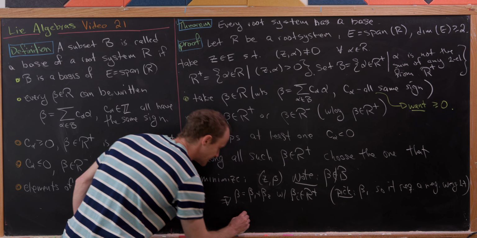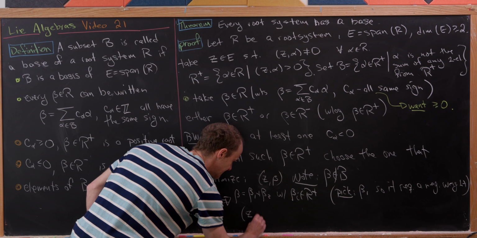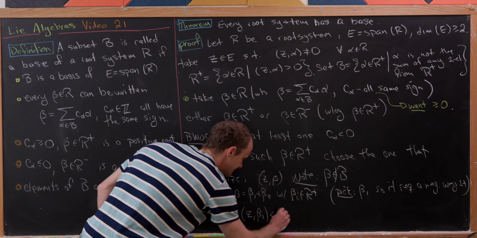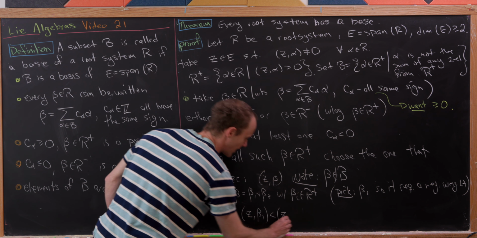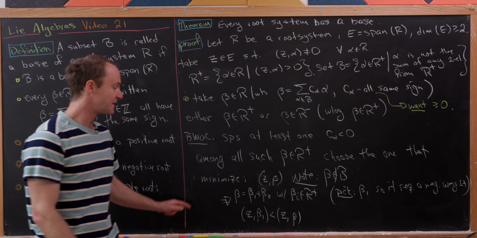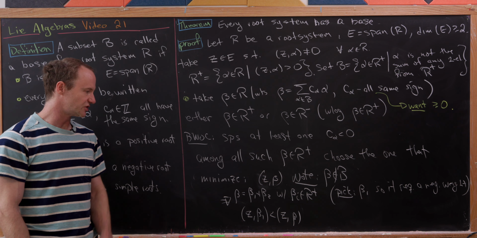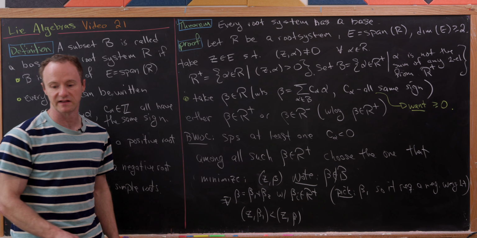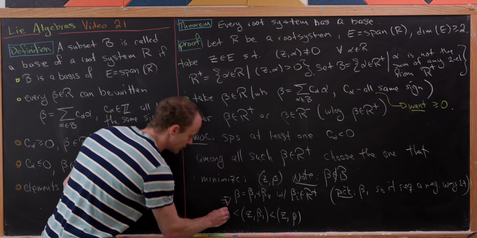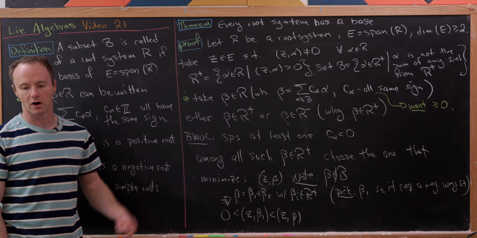But then let's observe that the inner product of Z with beta 1 is most definitely less than the inner product of Z with beta. And that's because the inner product of Z with beta 2 was also positive, so that's strictly less. But then this is also bigger than 0 because beta 1 was in R plus.